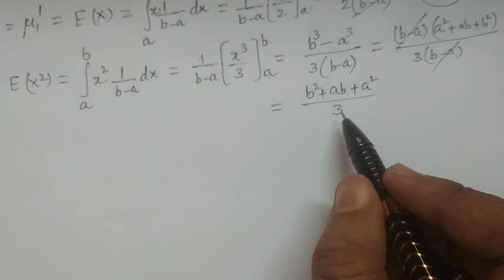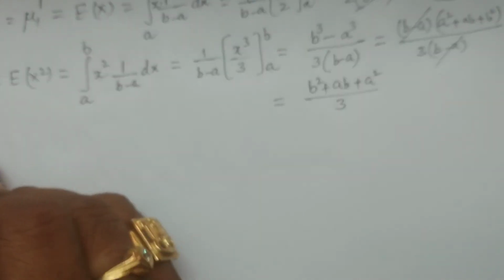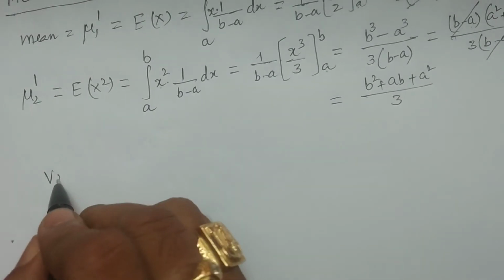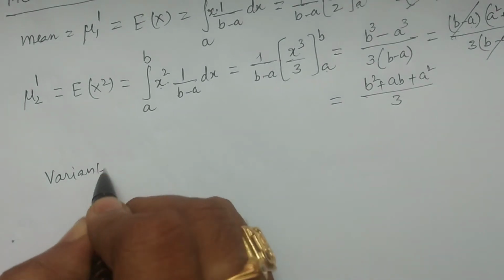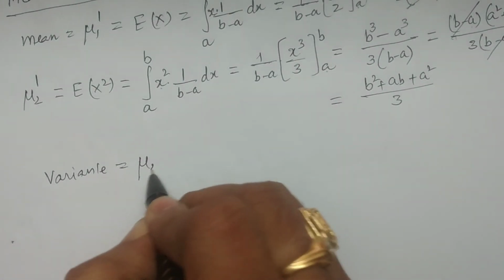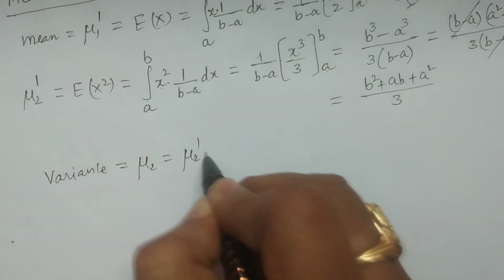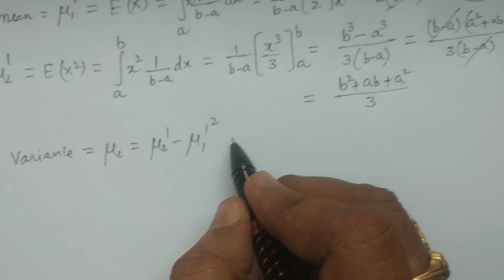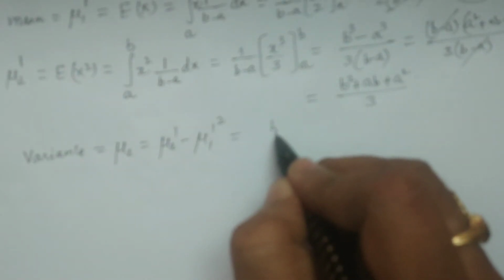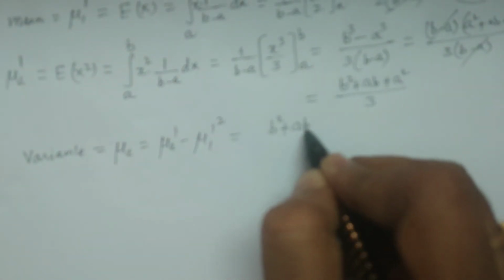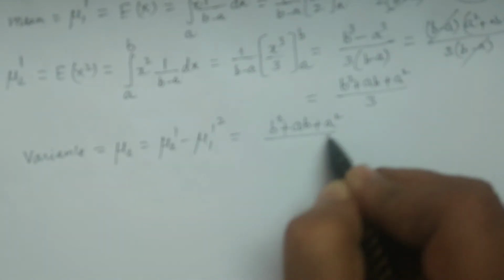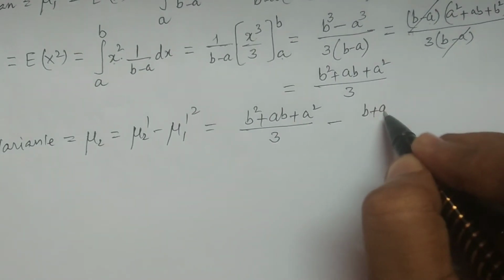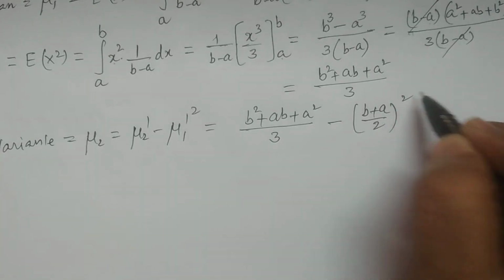Now we have to calculate the variance. The variance, mu2, is equal to mu2 dash minus mu1 dash whole square. Mu2 dash, which we have just calculated, is b square plus ab plus a square divided by 3, minus mu1 dash, which is b plus a divided by 2, the whole square.